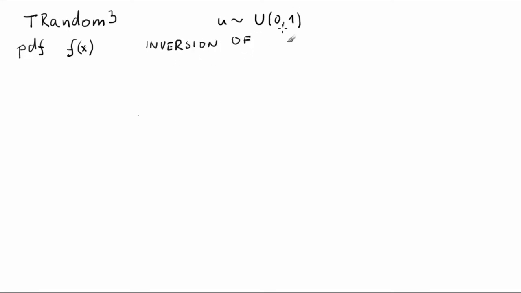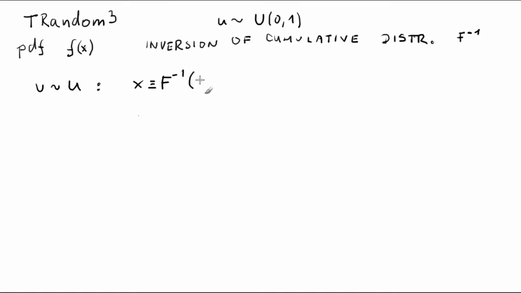We want x distributed according to the probability density function f, and let's assume we can construct the inverse to the cumulative distribution function, the inverse of capital F. If U is distributed according to the uniform distribution, then x, defined as the inverse of the cumulative distribution function of U, is distributed according to the probability density function f.